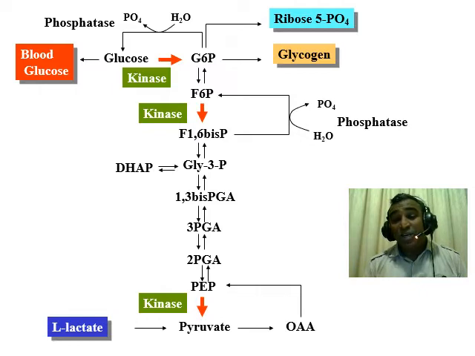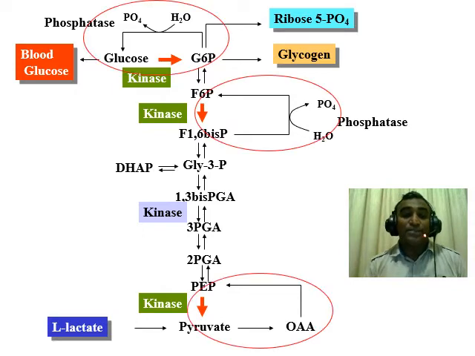And these are the ones that need to be bypassed. However, there is another kinase, but this kinase is a reversible step and does not need to be bypassed, because it can just go from 3-phosphoglycerate to 1,3-bisphosphoglycerate.